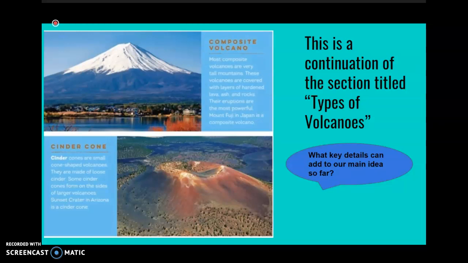What is the fact about these two volcanoes that we can add to our main idea?